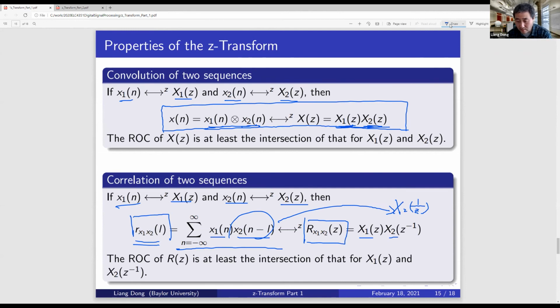Okay, so it's this term here. Therefore, indeed, we got X1(z) times X2(z to the power -1). The region of convergence of R is at least the intersection of that of X1(z) and X2(z to the power -1), 1 over z. Okay.